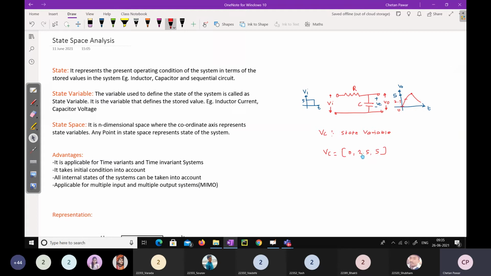When VC value is at 2.5, this is called a state. Similarly, when VC value is 5, this is called a state. This is also called a state, and this is called a state variable. And this overall space is called a state space.